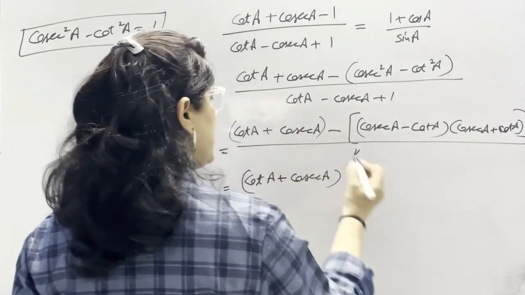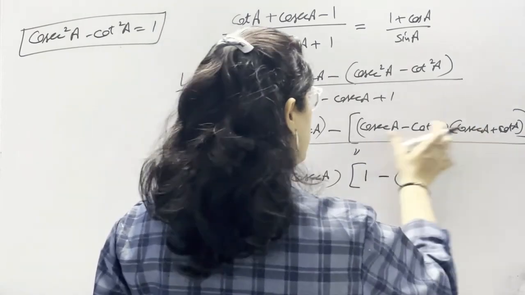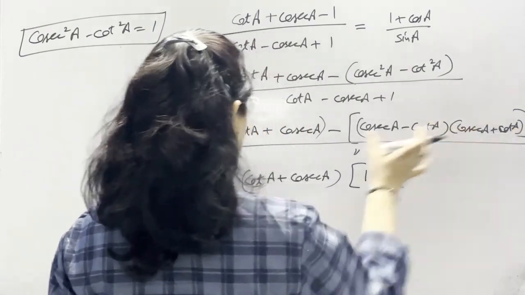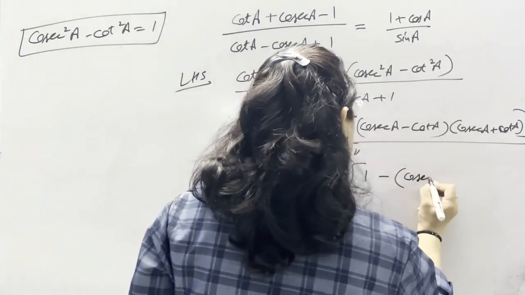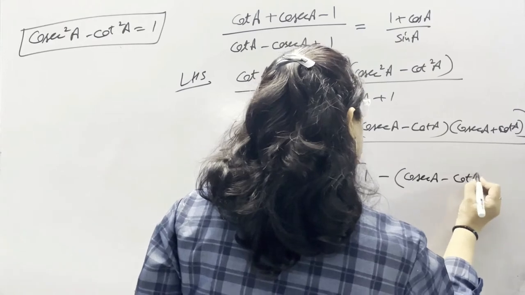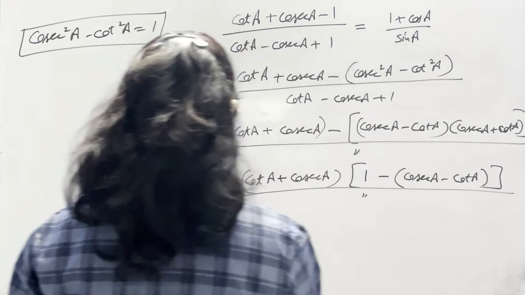Cot a plus cosec a is common. From the first bracket only 1 will remain inside the bracket, minus from the second bracket, because we have two brackets, cosec a minus cot a is present, and in the denominator there is no change.